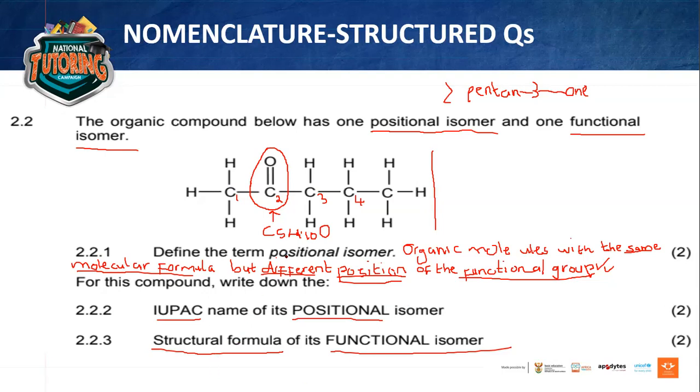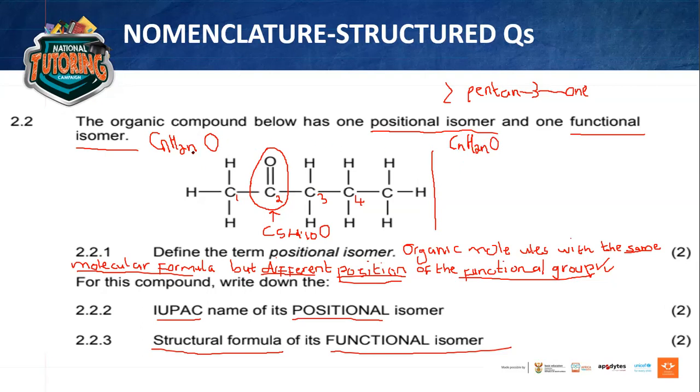So obviously, remember with ketones, the general formula is CnH2nO. So the only way that I can get the correct functional isomer is if I look at another homologous series, but it must also have the same general formula.